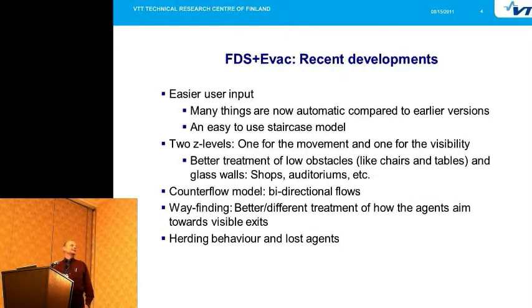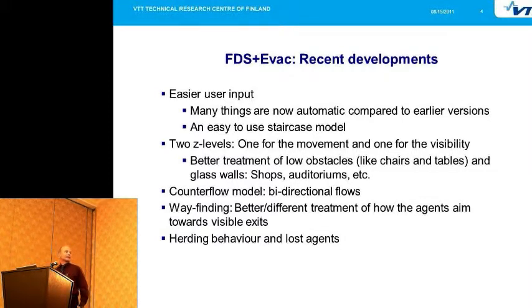And actually nowadays there is a somewhat better wayfinding algorithm for visible doors. The original version of FDS+Evac used calculated flow fields to go to the doors, so if you are alone in the hall, you would walk directly to the exit. But in the old version you were mostly flowing around a little bit.